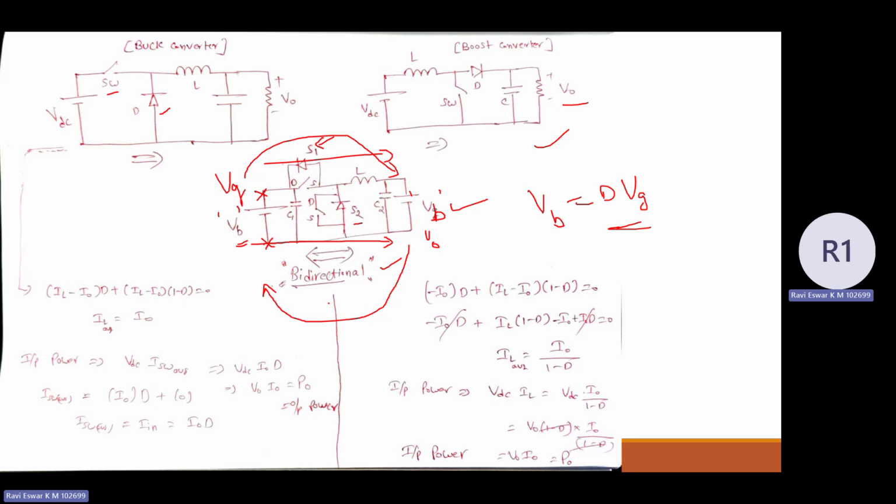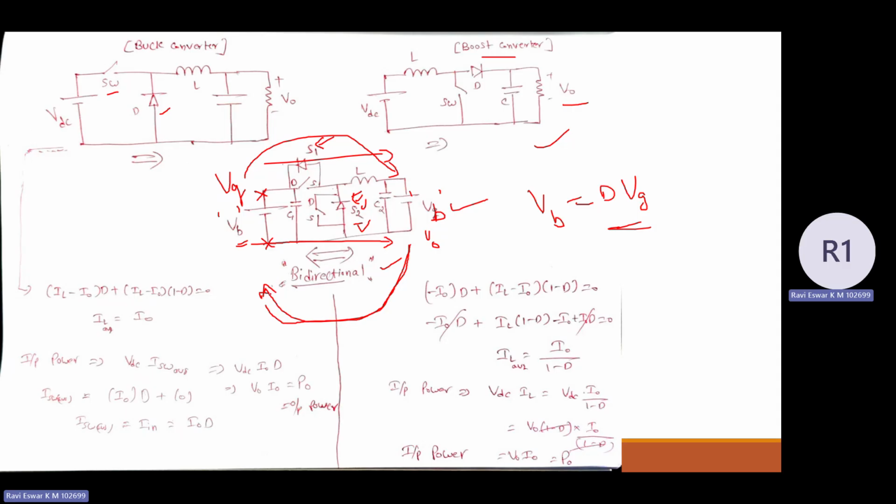There must be an interfacing converter, acting in boost mode by operating S2 as a main switch, prime switch. If you see from right to left, I can have the boost converter here. If I operate S2 as a prime switch, I trigger S2, whereas S1 I am not going to trigger. So you can have a boost operation, and the power is going to be transferred from the battery to the grid.